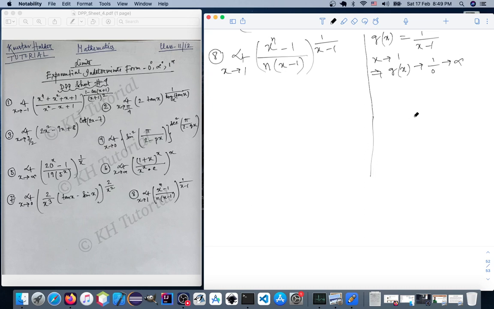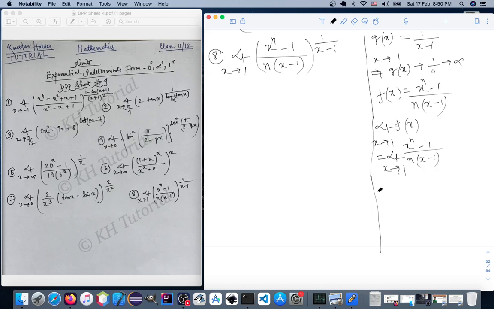And what is fx? Limit x tending to 1 fx is limit x tends to 1 x to the power n minus 1 by n. We have a standard formula.